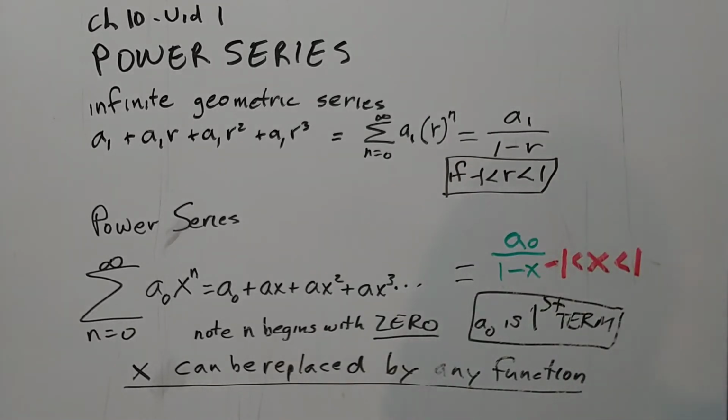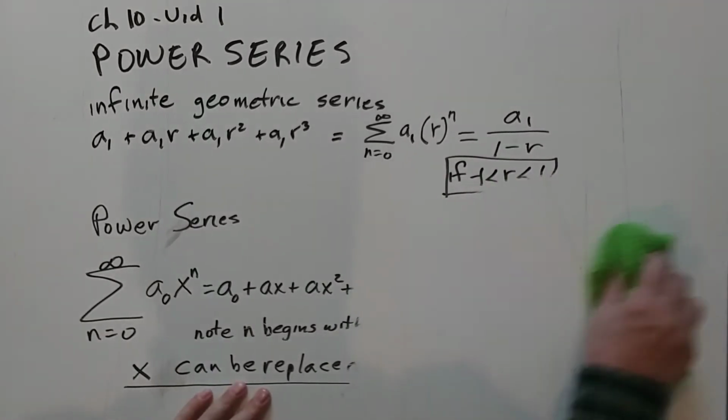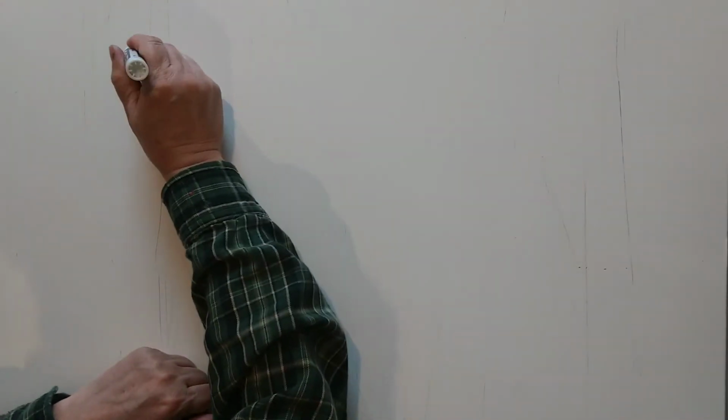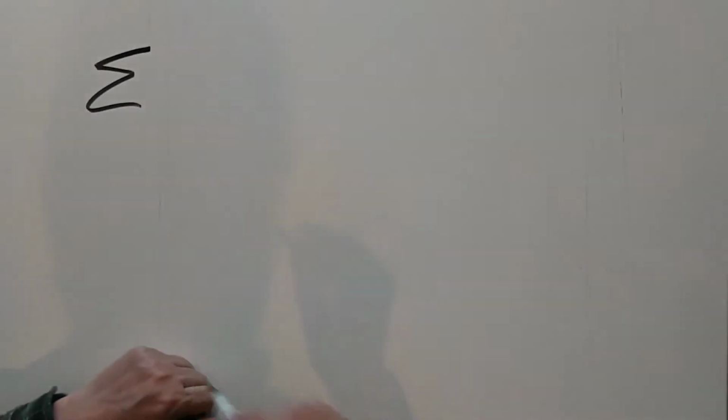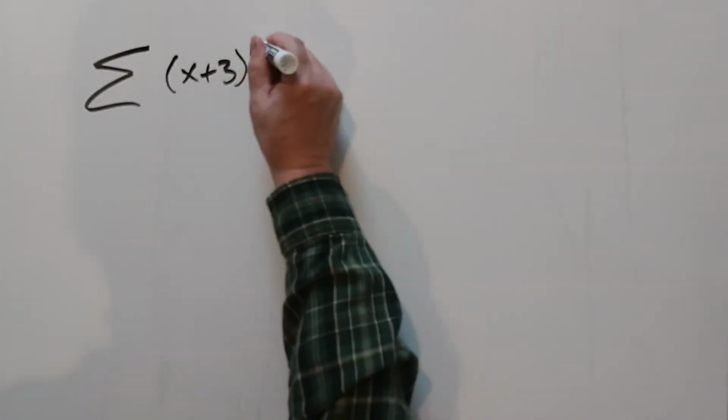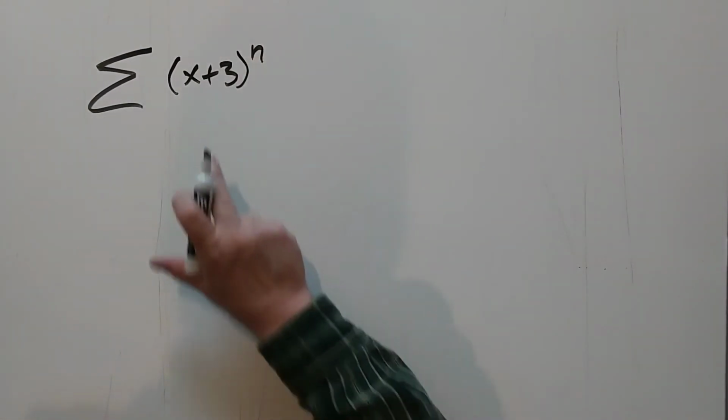Let's look at how we would replace x in a power series. First, let's take a look at, and for the sake of simplicity, when I write this, that means from 0 to infinity, the sum of x plus 3 to the nth. Notice that now instead of having x, I have x plus 3.